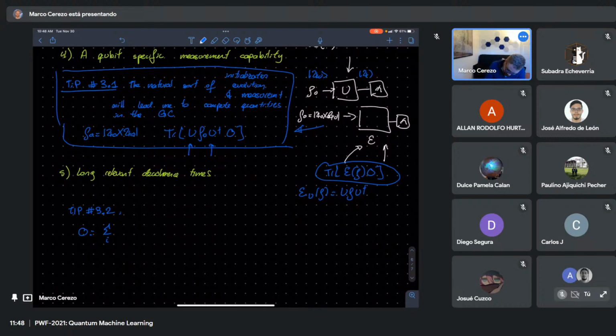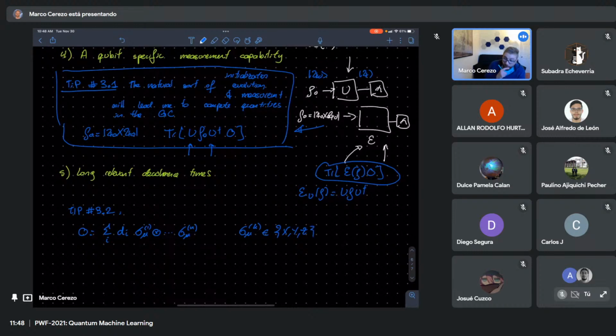Let's use d_i, times sigma mu on qubit 1 through sigma mu on qubit n, where sigma mu k is just X, Y, or Z.